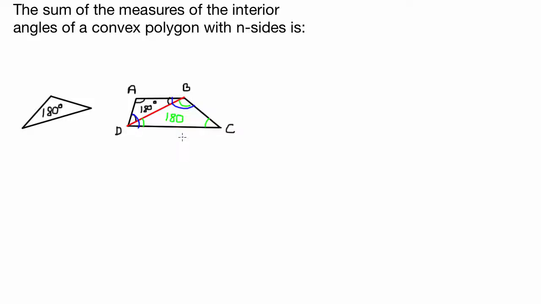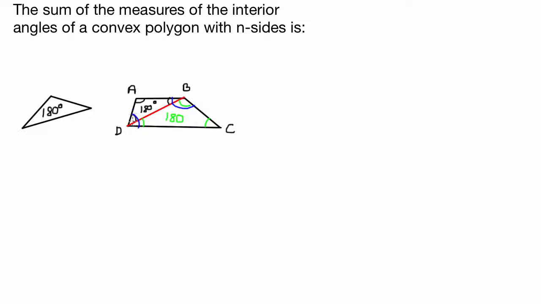So think about it like this. We've got a triangle here, ABD, which has the sum of the measures of the angles equal to 180. We have another triangle here, triangle BCD, and the sum of the measures of that triangle is also 180. And all of the angles that we are accounting for in these two triangles are the angles of the quadrilateral that we have right here.